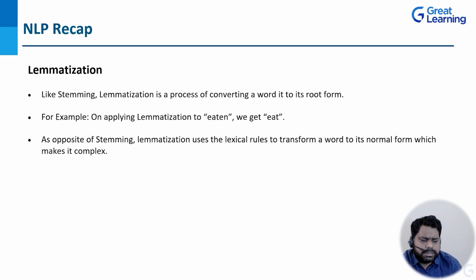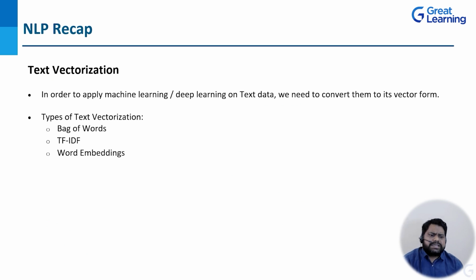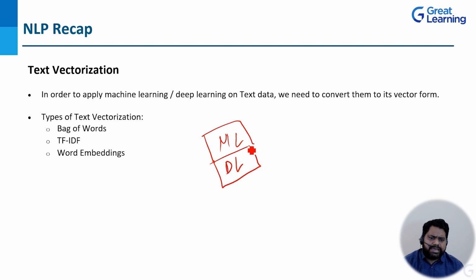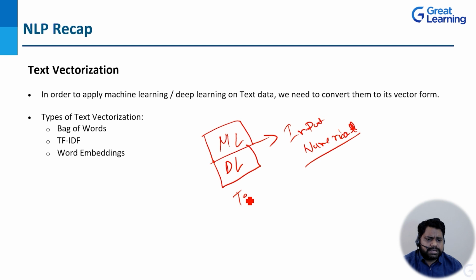Now text vectorization. Since we know that any machine learning or deep learning model needs the input to be numerical, they need only numerical data and cannot work with text data.